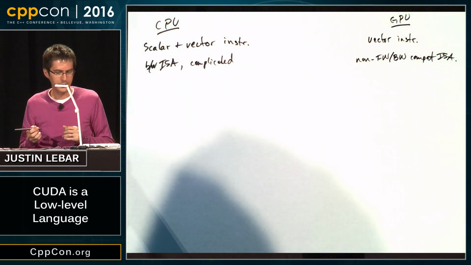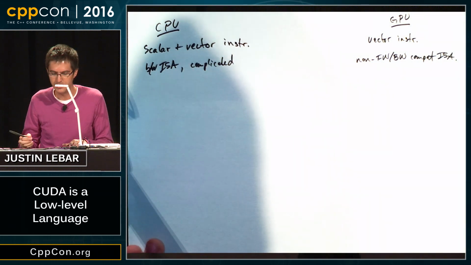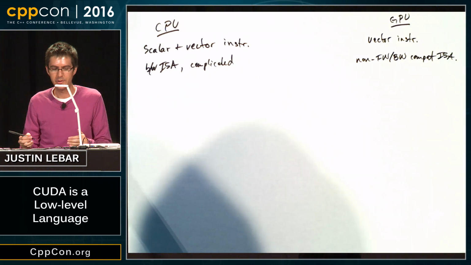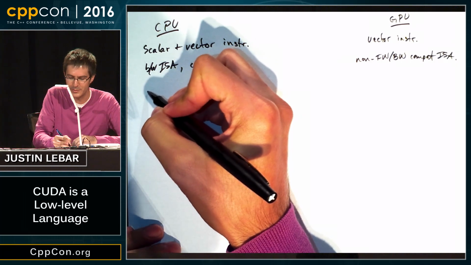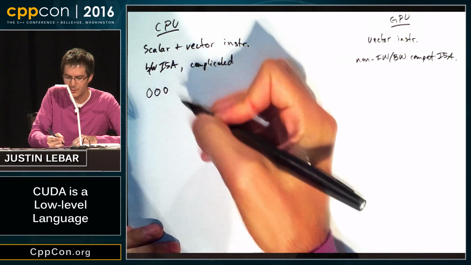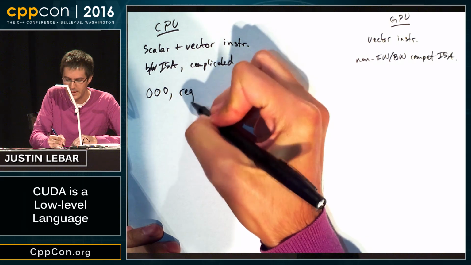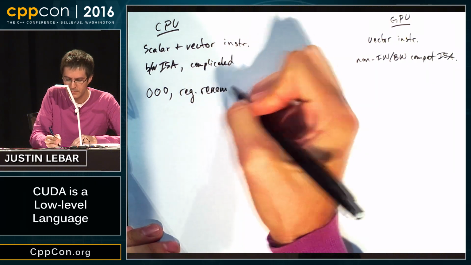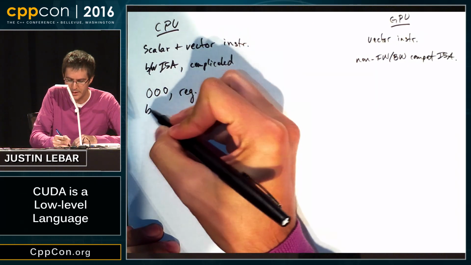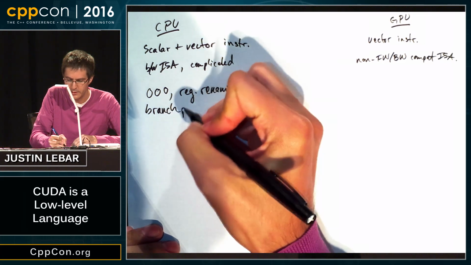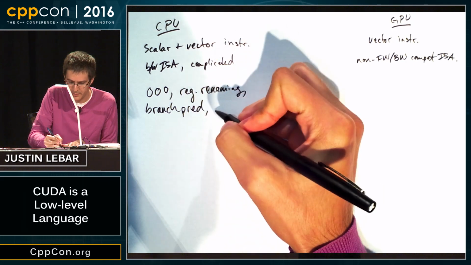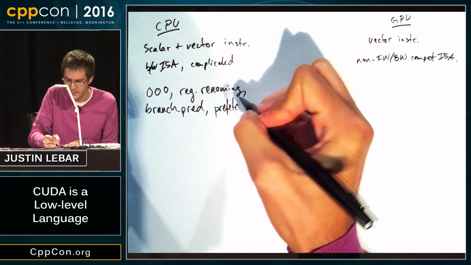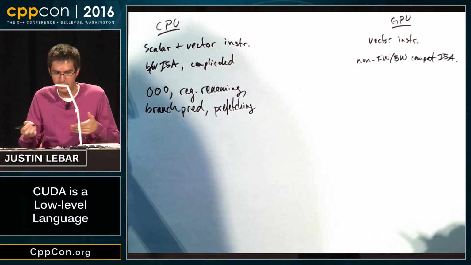Cool. So a modern CPU does all kinds of crazy stuff to improve the single-threaded performance of your code. Some keywords you might know: the CPU does out-of-order execution, it does register renaming, it does really complicated branch prediction, and it does really complicated prefetching, because we really want our data to be there when we use it.